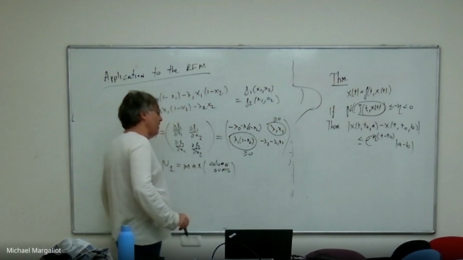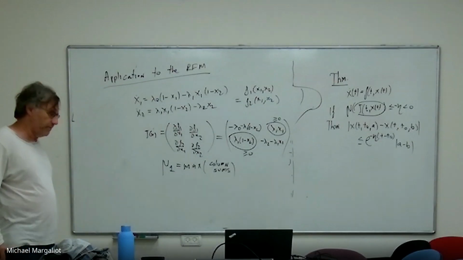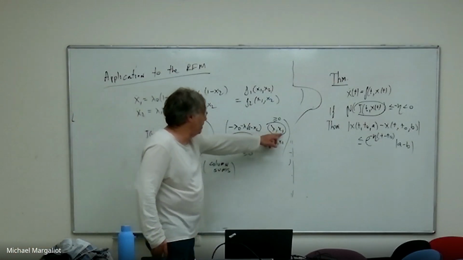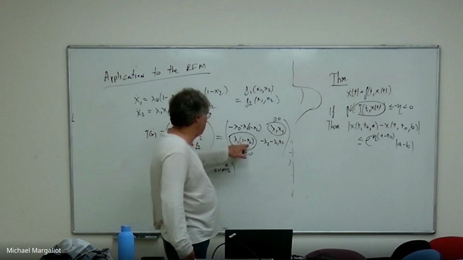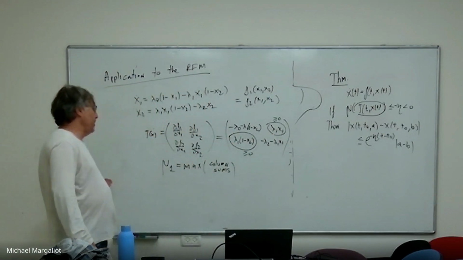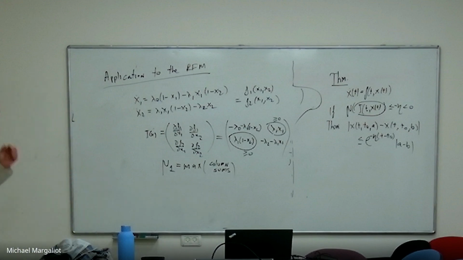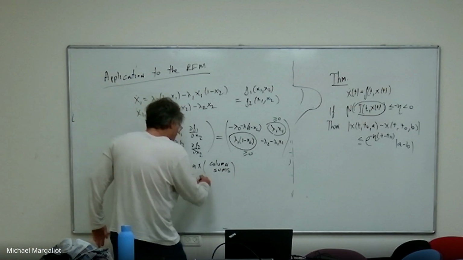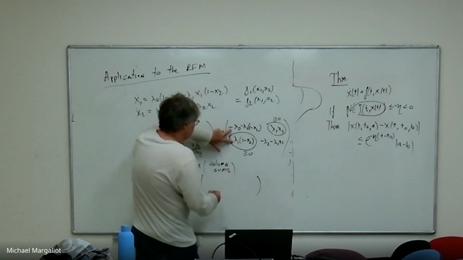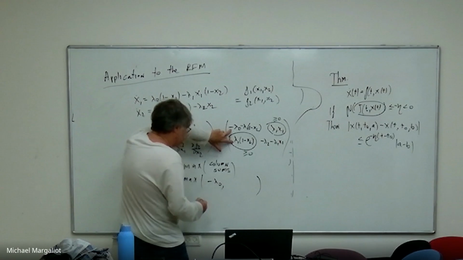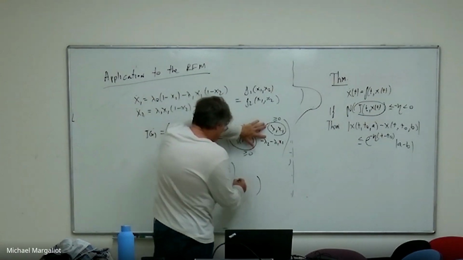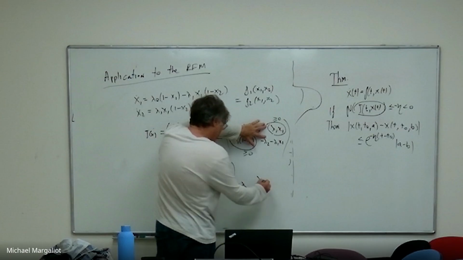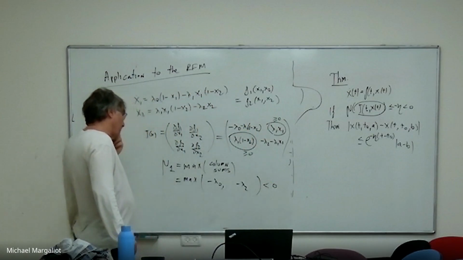Why? Because our state variables in the RFM are between 0 and 1. x1 is between 0 and 1, the lambda is positive, x2 is between 0 and 1. So here we don't have to take even the absolute value of these entries because they are already non-negative. And then I get the maximum of the sum of these two, which is minus lambda 0, and the sum of these two, which is minus lambda 2, which is always negative, of course.